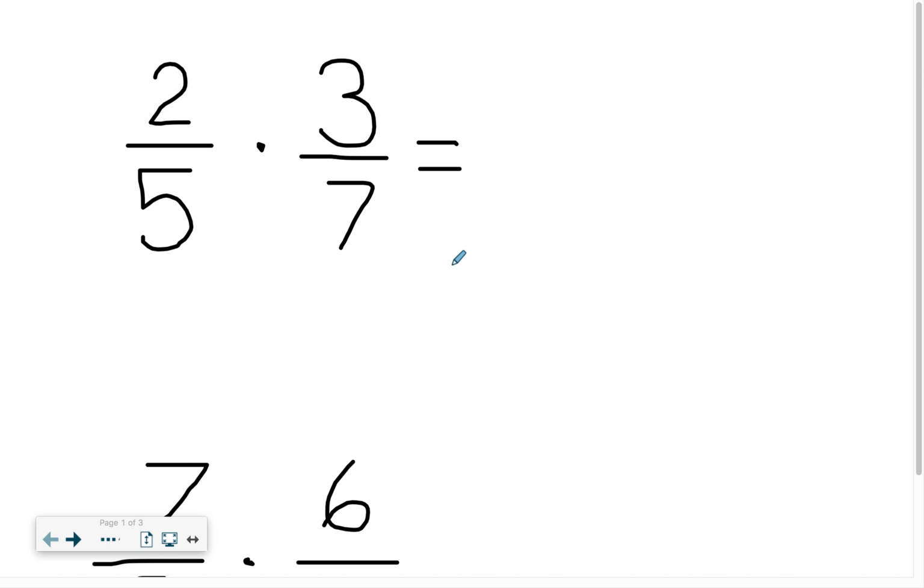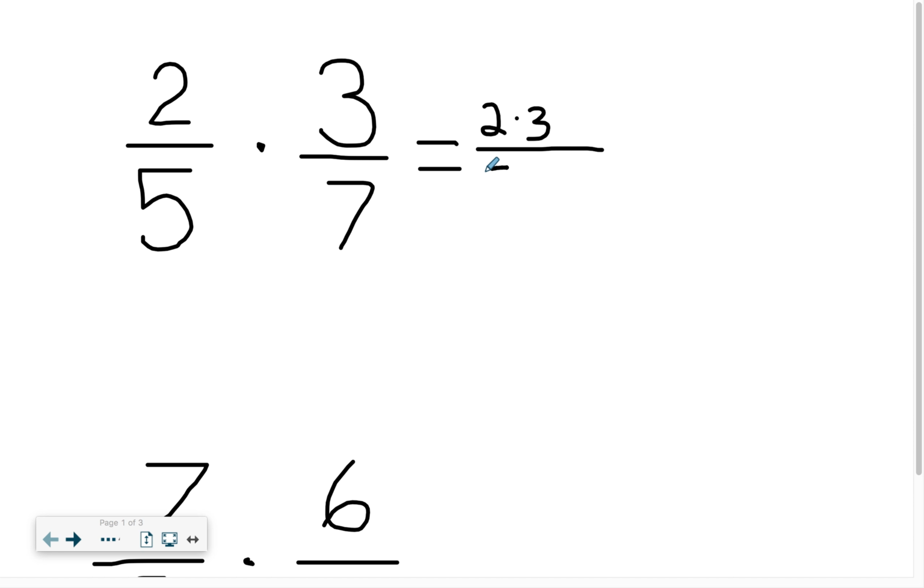So 2/5 times 3/7 is, since we're multiplying two fractions, we simply multiply our two numerators together, and we can even rewrite it as one big fraction, saying 2 times 3, and then we multiply our denominators because that's our next step, 5 times 7.